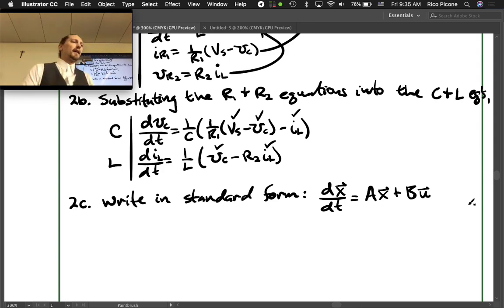So we know what x and u are. We just need to write A and B from these state equations that we've found.